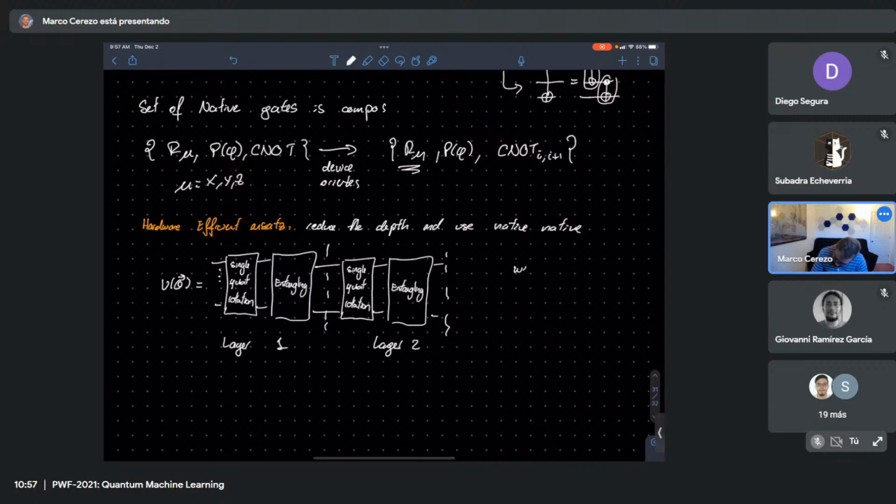So we assume a layered structure of single qubit rotations and entangling gates.